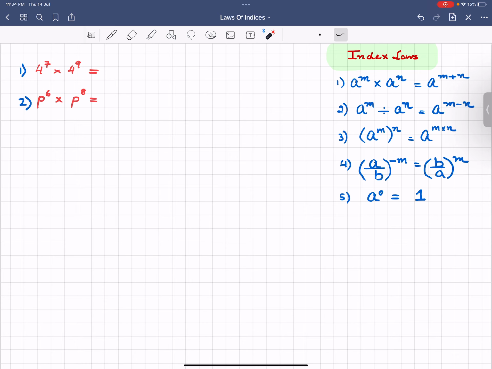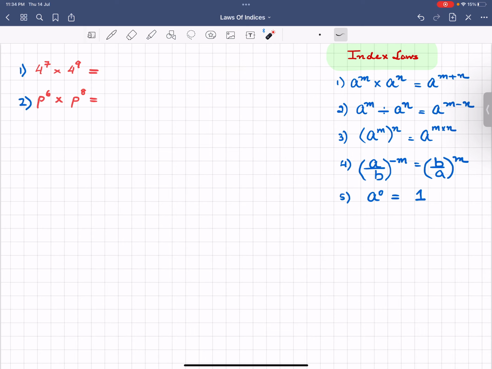For example, if I have a number written in the form of 3 to the power of 5, here 3 is known as the base and 5 is known as the power. Now 5 can be called power, index or exponent.